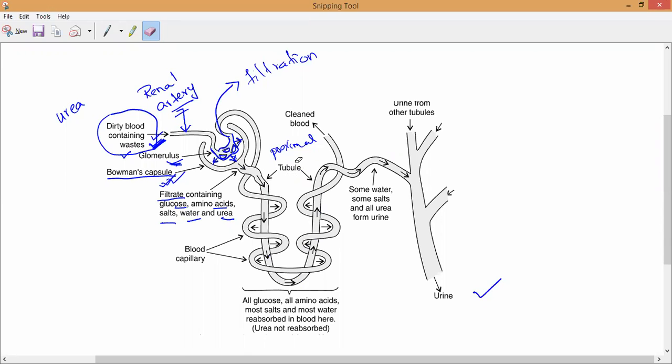Now you can see this filtrate contains most of the useful substances as well as unnecessary substances. The useful substances required by our body have to be reabsorbed into the blood through the blood capillaries surrounding the tubule. Have you noticed it here? They surround the tubule like a snake, you can see.